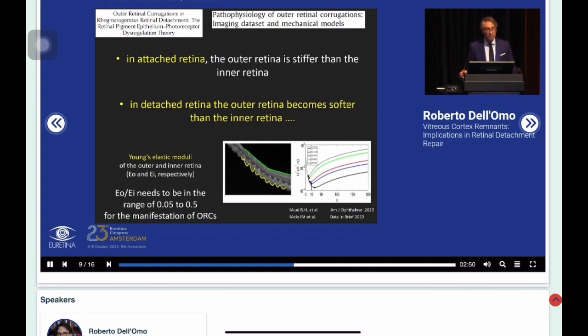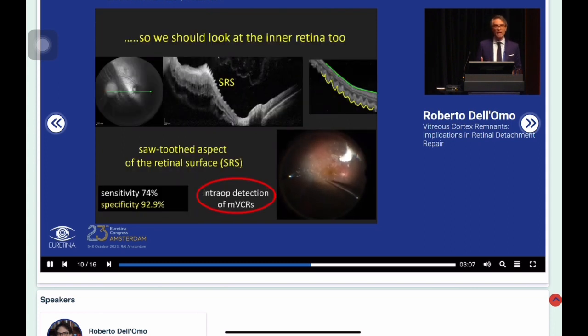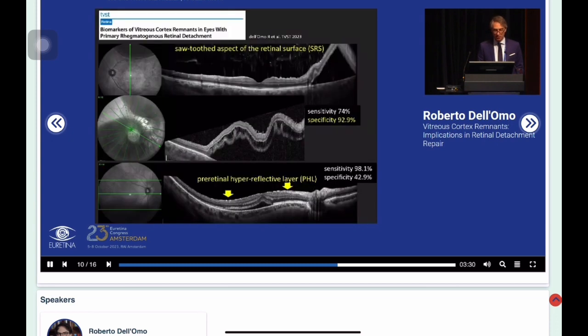And Dr. Mooney's team has taught us that there is a ratio between the elastic modulus of the inner retina and outer retina that it's very important to consider when we study the outer retinal corrugations. So we thought that looking at the inner retina too could be important. And actually, we noticed that some preoperative biomarkers on OCT can be very useful and highly specific to find then macular VCR intraoperatively, like this sawtooth aspect of the retinal surface.